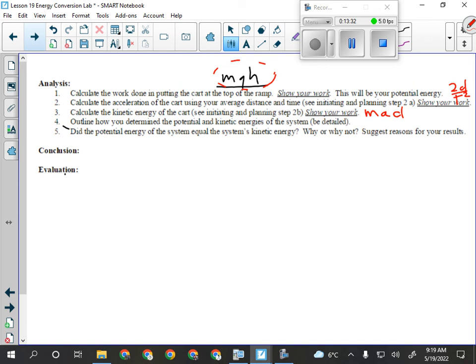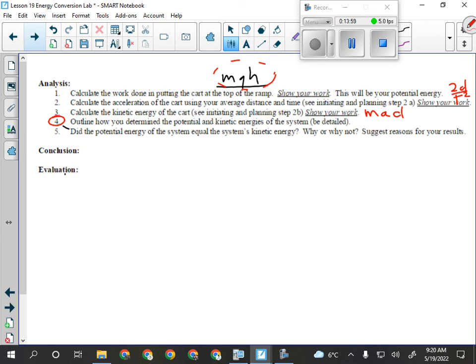Number 4, I've actually explained this already. Outline how you determined the potential and kinetic energies of the system. Be detailed. I'm not looking for you to tell me how you calculated it. I already saw that; you've already shown me your calculations. I need you to explain to me why you did those calculations.